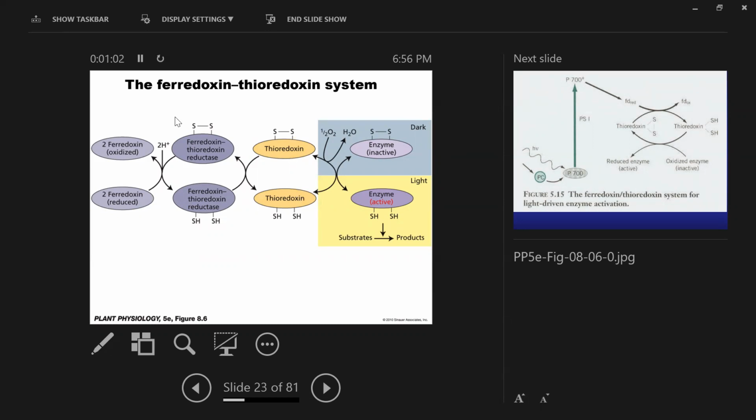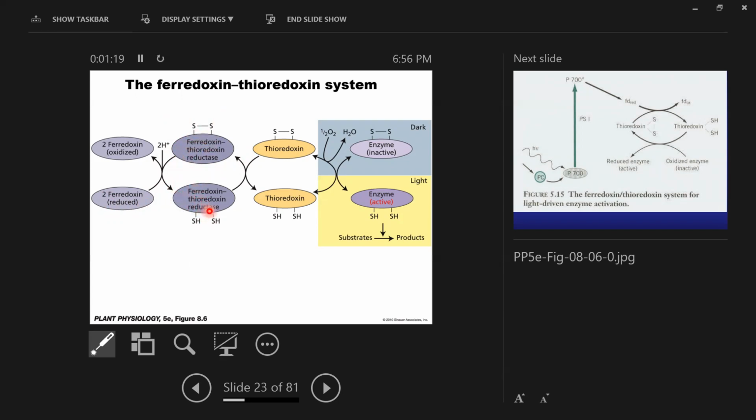So ferredoxin is kicking off this really short redox reaction. Ferredoxin donates the electron to ferredoxin thioredoxin reductase, and that will break those sulfur bonds when it accepts the electron.